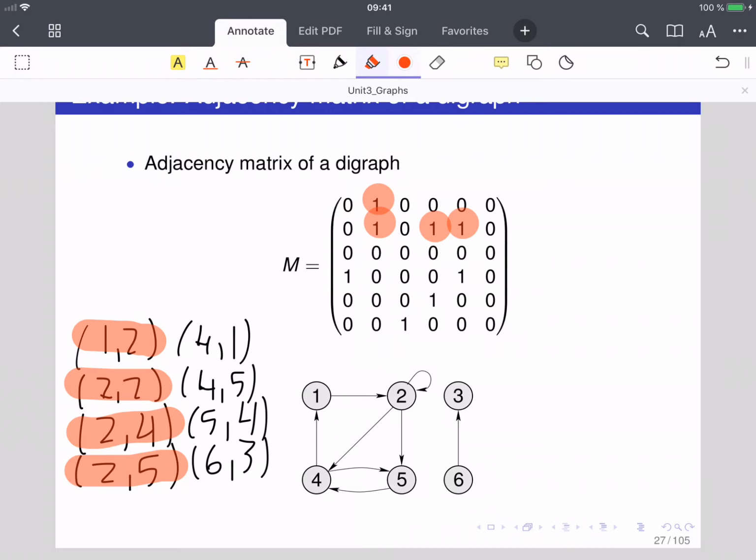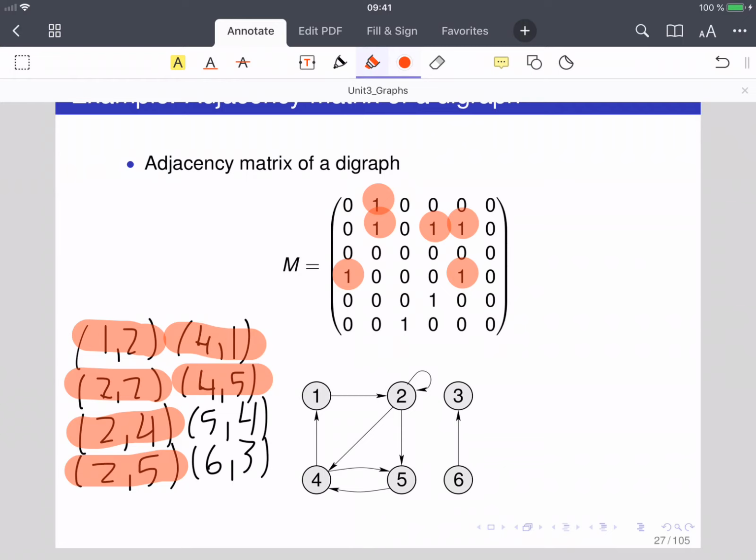The next row corresponds to the edges that come from 4, or to put it in another way, these are the vertices that are adjacent to 4. So we have edge 4, 1, 1 is adjacent to 4, so we have 1 in position 4, 1. Also, we have edge 4, 5. 5 is adjacent to 4, so we have 1 in position 4, 5.